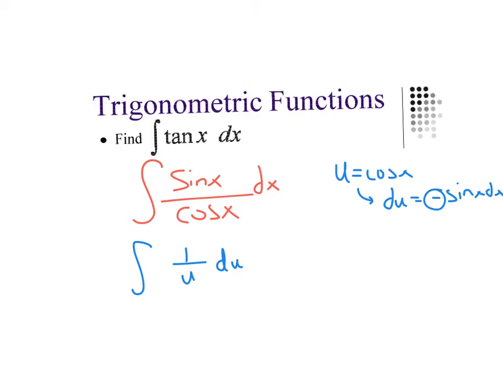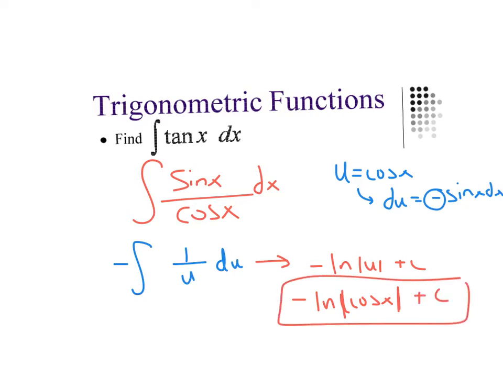Notice there's a negative, so we have to pull that out, because it's not in the original. So then if I take the integral of that, I get negative ln of the absolute value of u, plus c. So negative ln of cosine of x plus c.